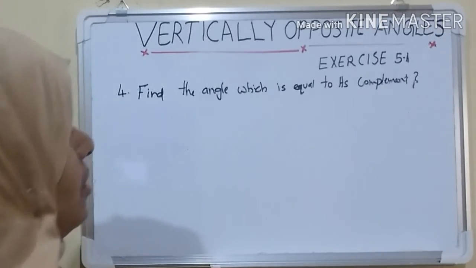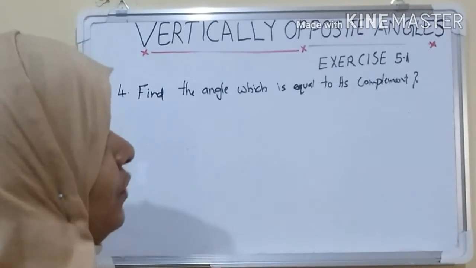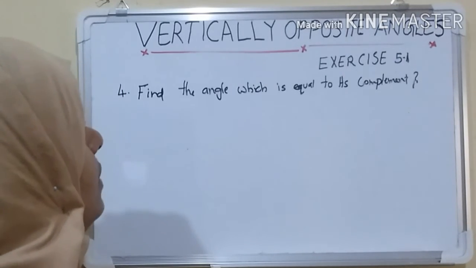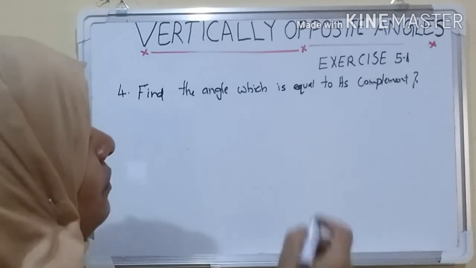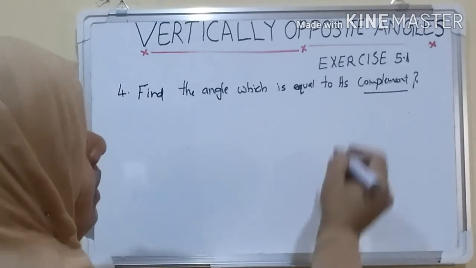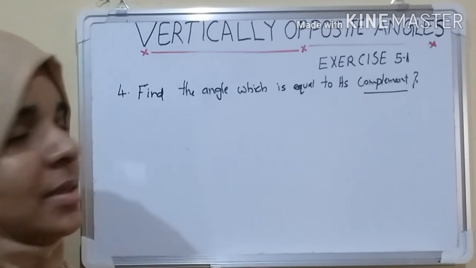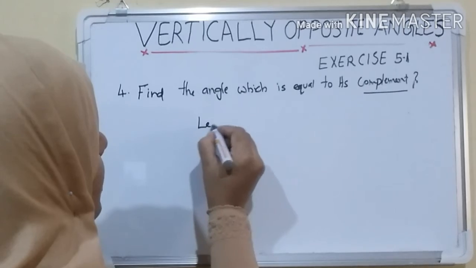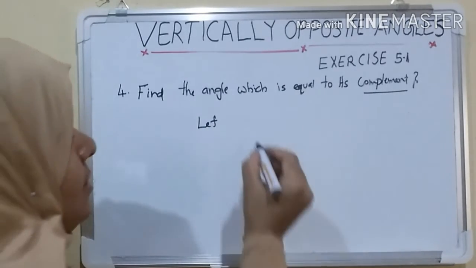Listen to the fourth question. Find the angle which is equal to its complement. What is the information given in this question? Here we have to find the complementary angles, but the two complementary angles are equal. These are the information given. So let one angle be x.